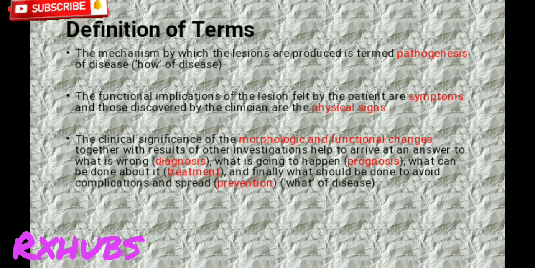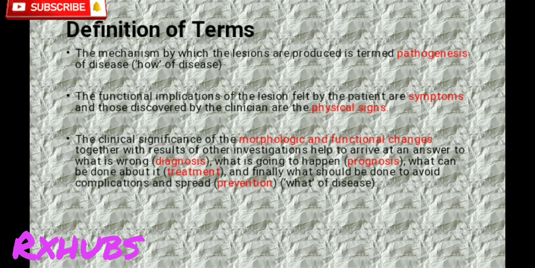The clinical significance of morphologic and functional changes, together with the results of other investigations, helps to arrive at an answer to what is wrong, that is the diagnosis; what is going to happen, that is the prognosis; what can be done about it, that is the treatment; and finally what should be done to avoid complications and recurrence, that is prevention.